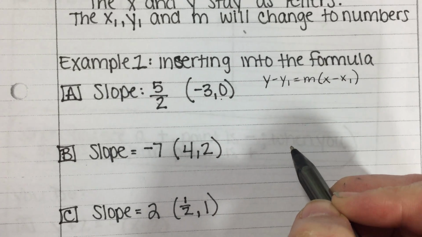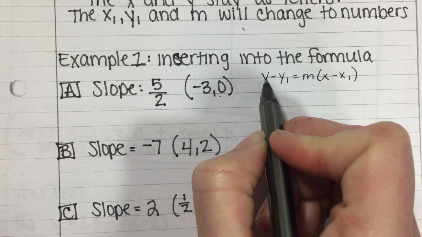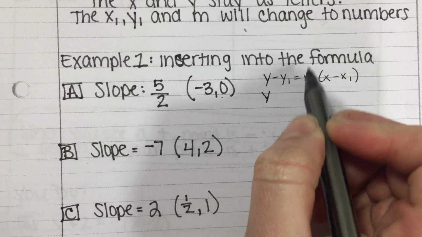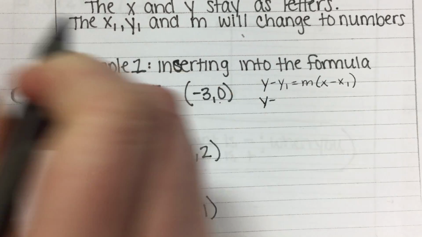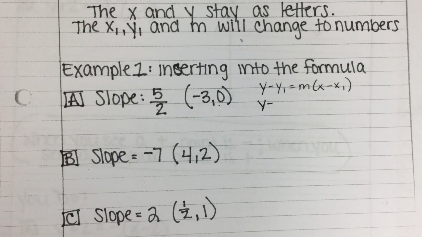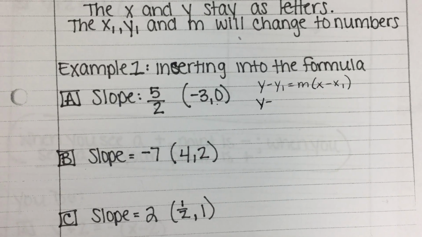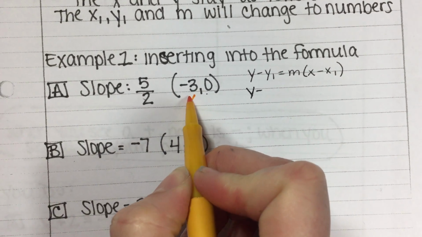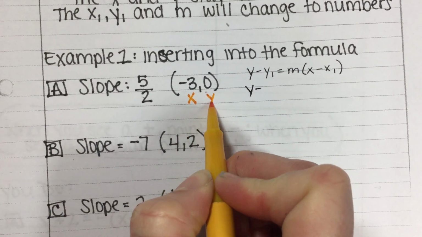And so we're going to go ahead through and now replace our pieces. So again, y stays just as it is as y. My minus stays as minus. And so now we got to replace that y1. So I'm going to go into what's given to me, and we're going to remember that this is x and that this is y.